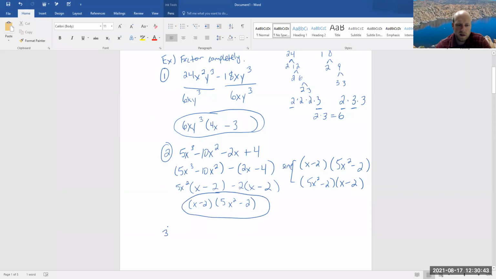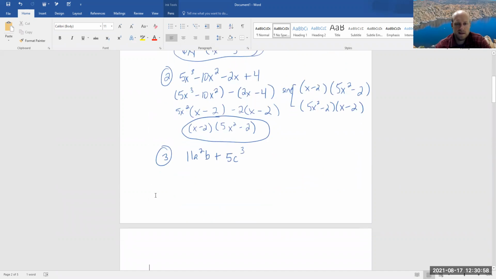And then one more example here. If I have, let's say, 11a squared b plus 5c to the third. Okay, let's go ahead and factor that. We notice here that there is nothing to factor, right? There are no common factors here. 11 and 5 don't go into each other.